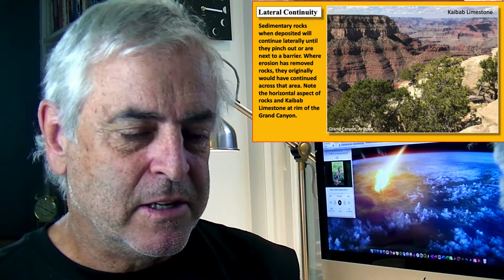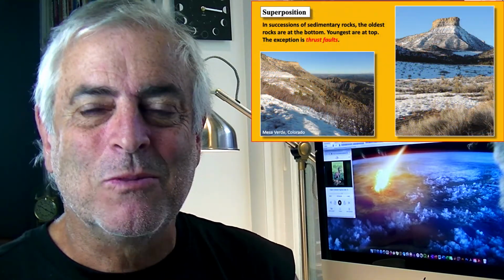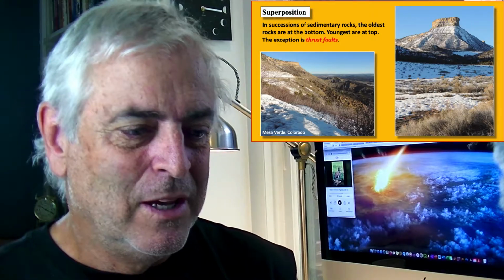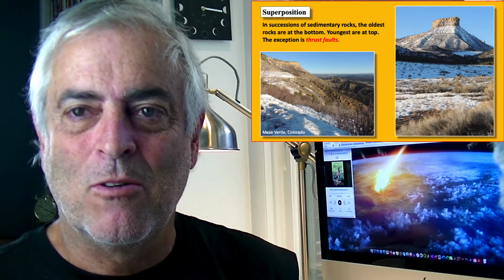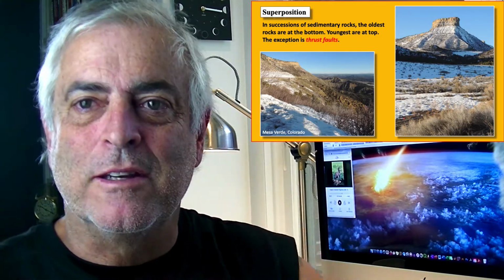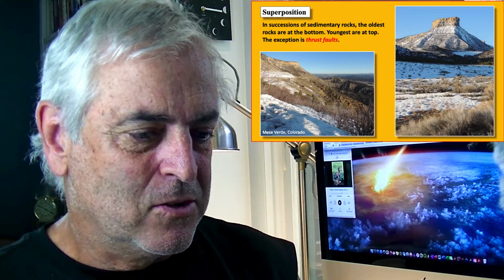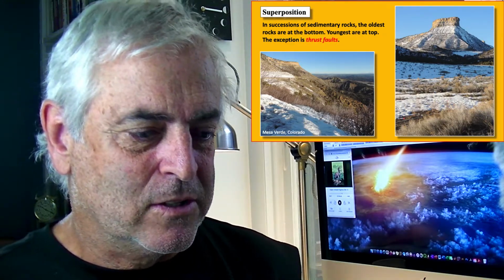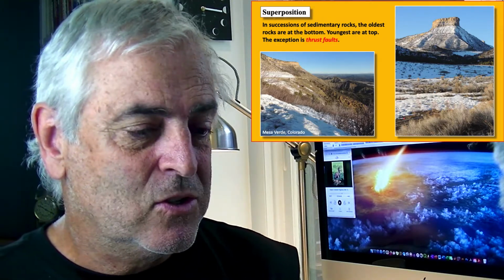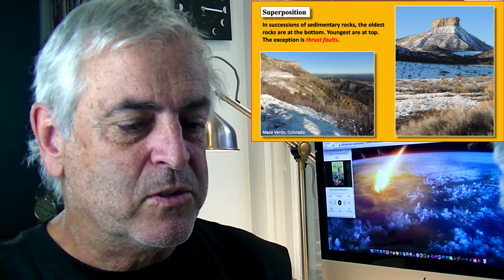Superposition. This one's pretty easy, and you would say, is that really something? He's like, well, it is, because we have to deal with some exceptions in geology as well. And normally, when you have a succession of rocks, they're layers after layer after layer. They're deposited in a series of events, right, and over a length of time. And so over here on the left-hand side, you can actually see Mesa Verde in Colorado, and that's Cretaceous in age. You can see shales at the very bottom. That forms a slope.